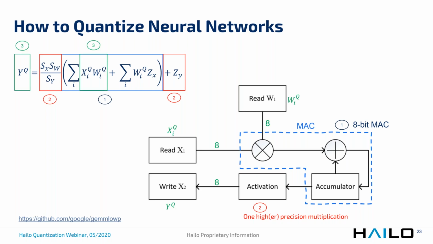And finally, and perhaps most importantly, everything that we read or write from memory is represented in 8 bits, except this scaling factor, which is the only thing that we need to store in high precision. However, compared to the amount of weights in a standard layer, it's completely insignificant.